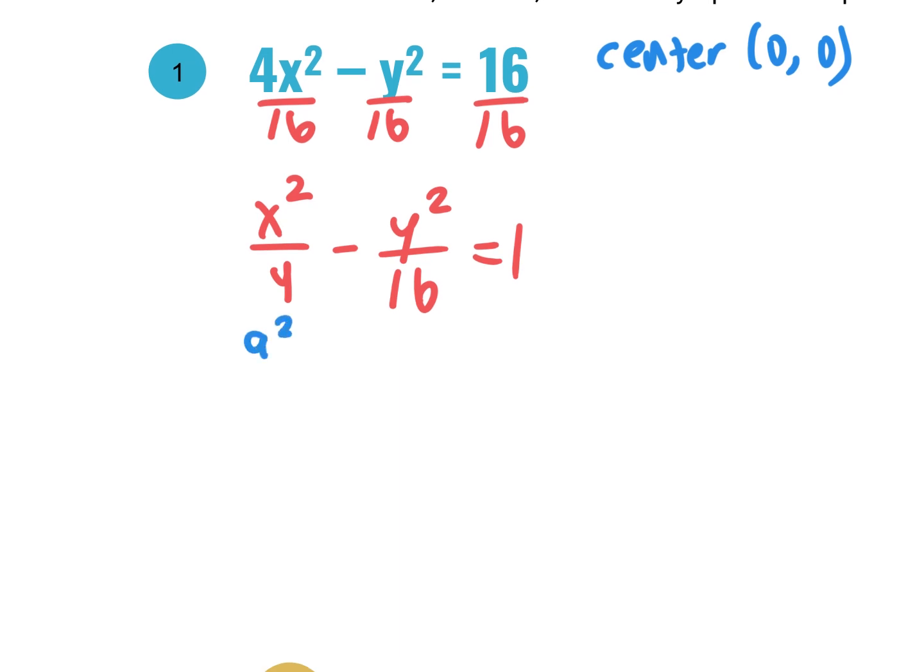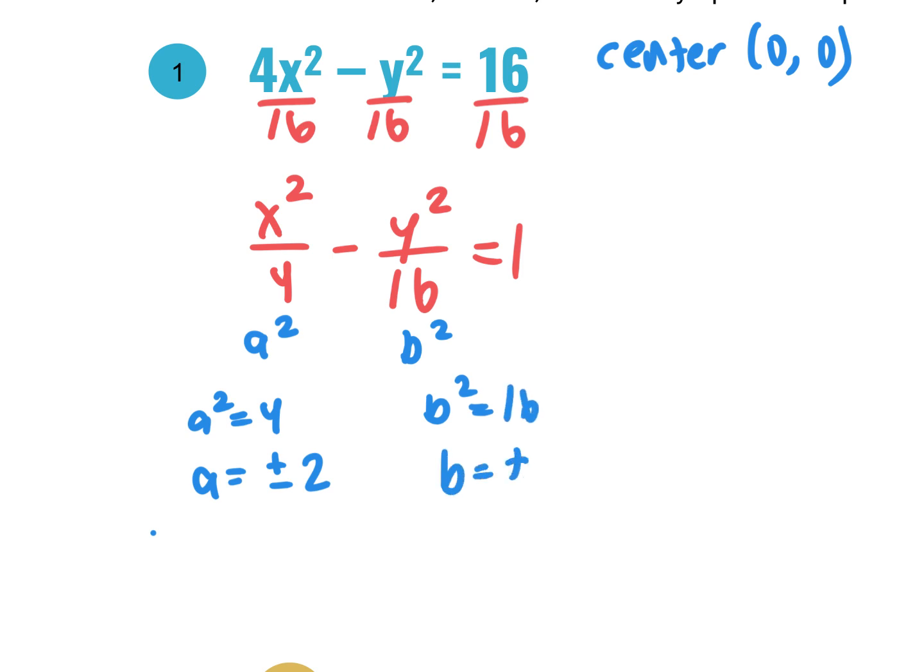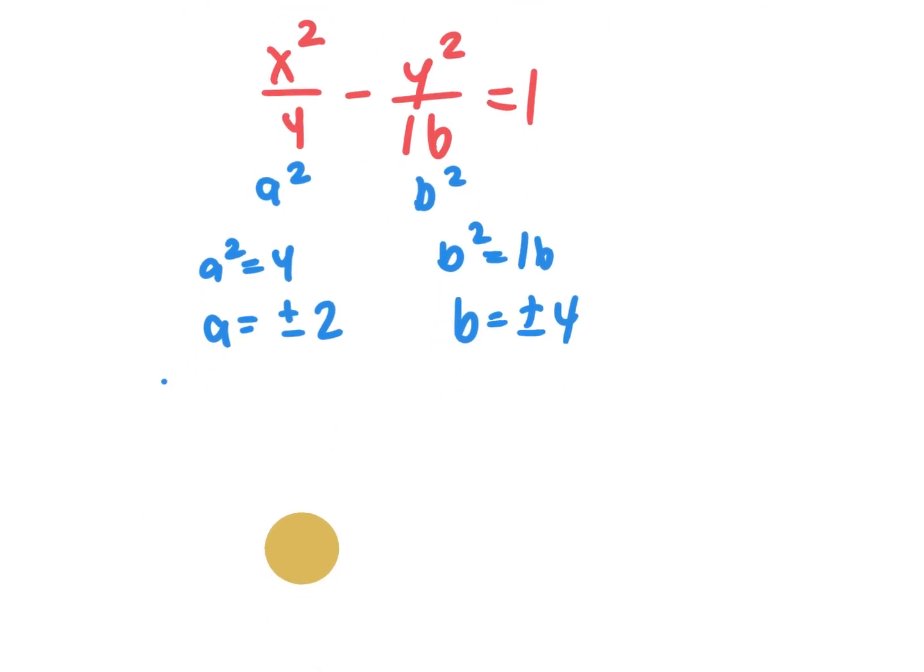I know that this is my a squared and this is my b squared. So I'm going to say a squared equals 4. So what does a equal? Plus minus 2, okay. So b squared equals 16, so b equals plus minus what? 4. All right, great.